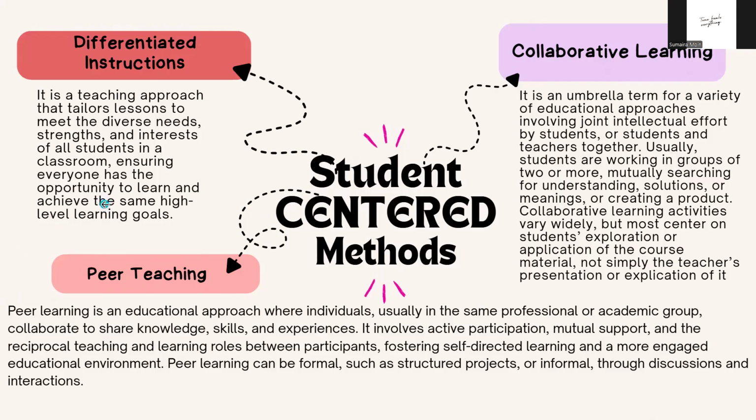Moving forward, we have differentiated instructions. As I already said to you, that we have mixed ability students in our classes, where one is visual learner, one is kinesthetic learner, one is auditory learner. Some students are the best. They have best caliber.